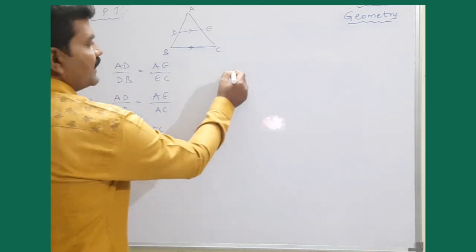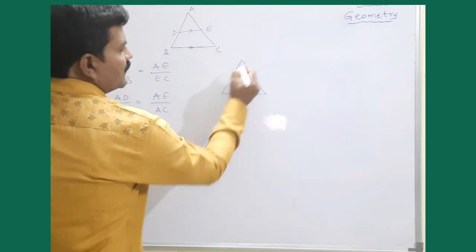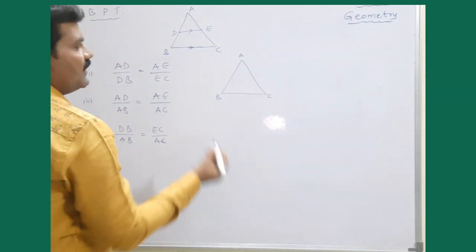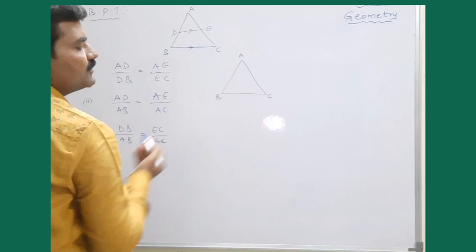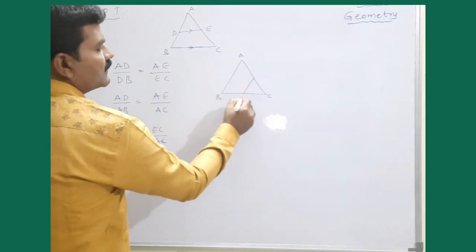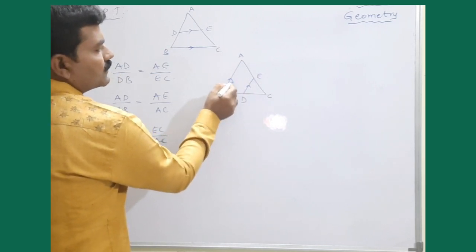See, for example, this is the situation. Let it be the triangle ABC. Why always DE is parallel to BC only? Say suppose this is the line DE which is parallel to AB.